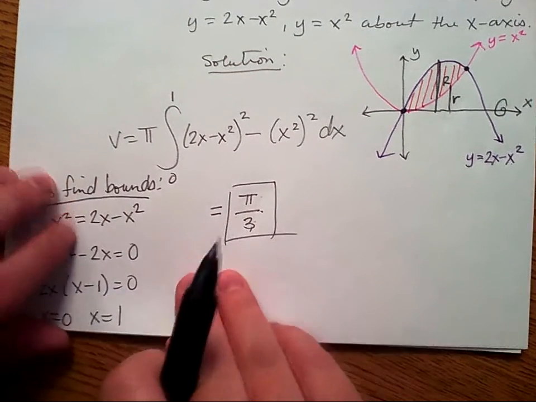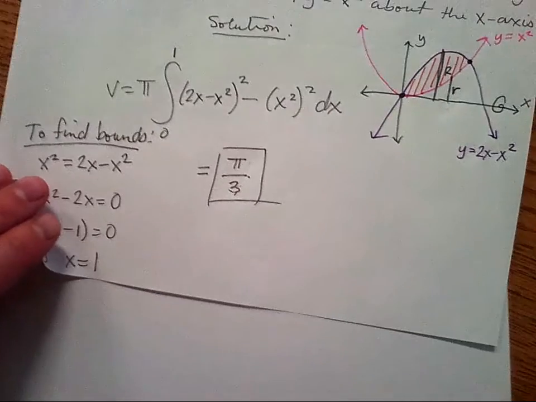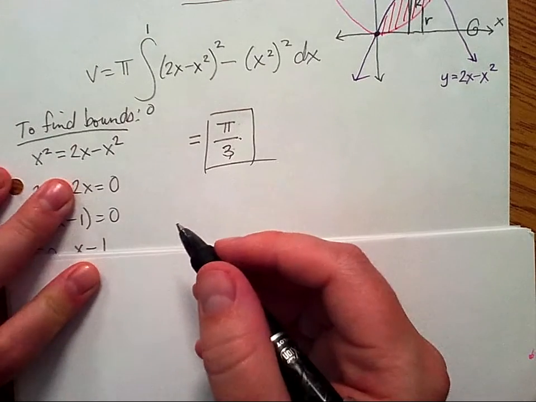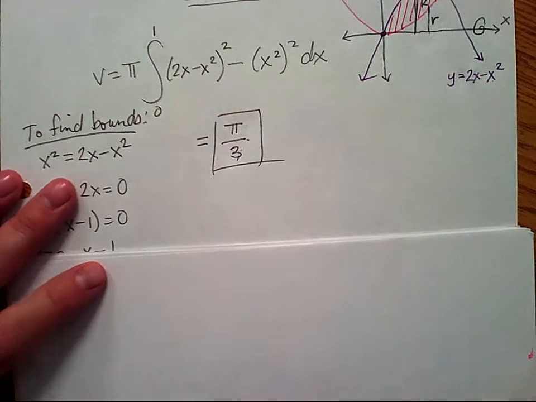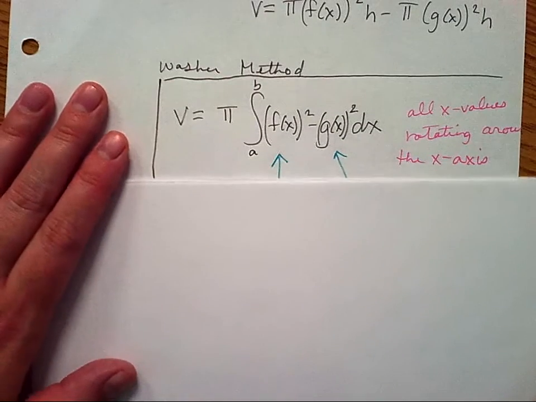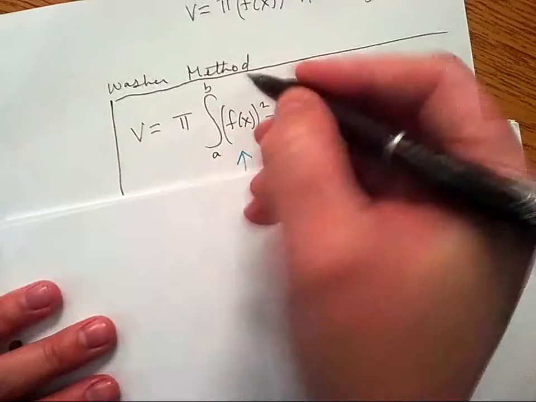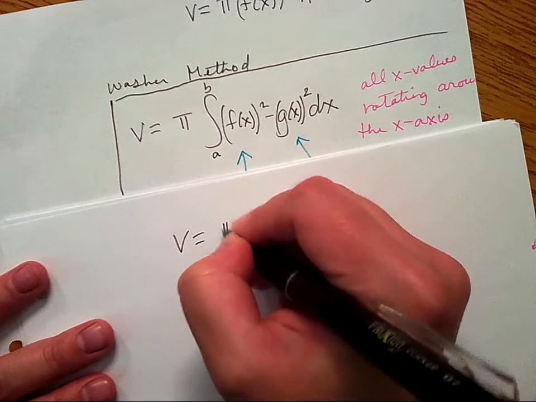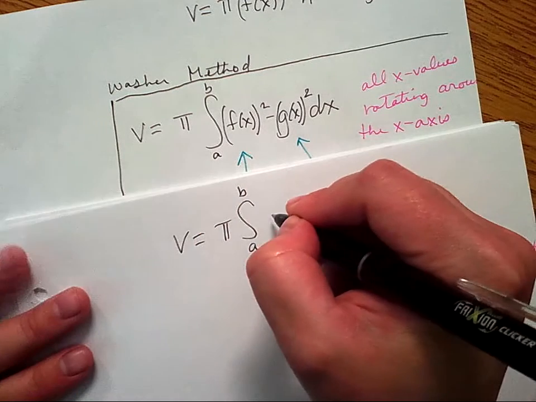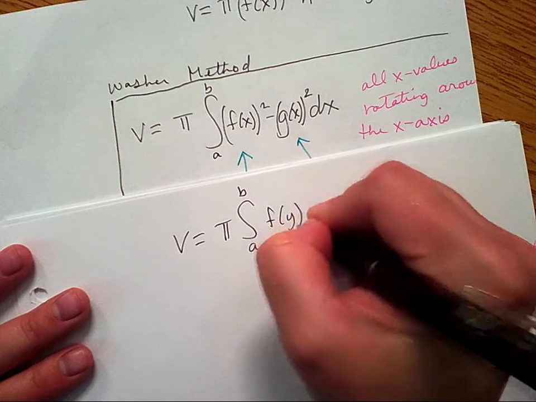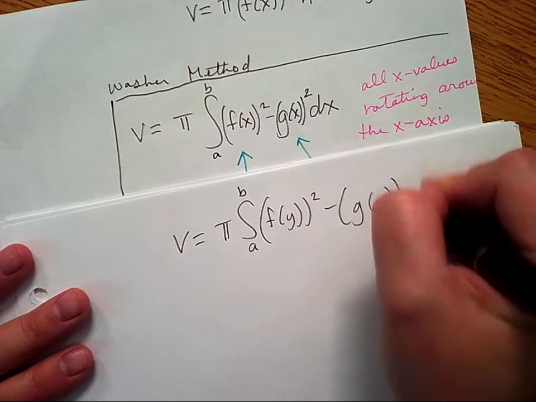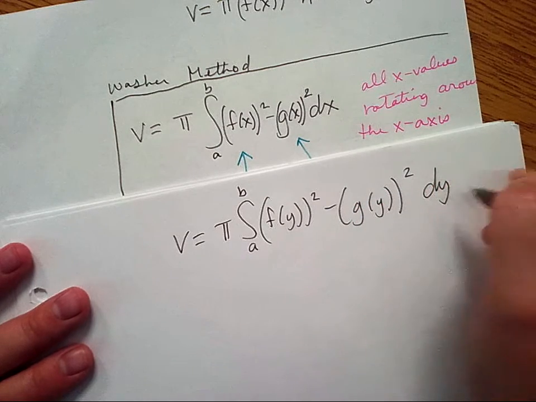What if we're rotating it around the y-axis? So let's write down the washer method in terms of the y-axis. So did everybody get all this? I'm just going to go up here. Let's see if we can put this in terms of y. Volume equals pi times the integral from a to b of f of y squared minus g of y squared dy.